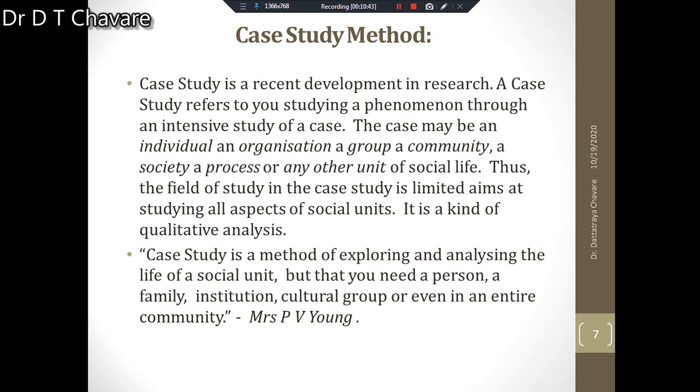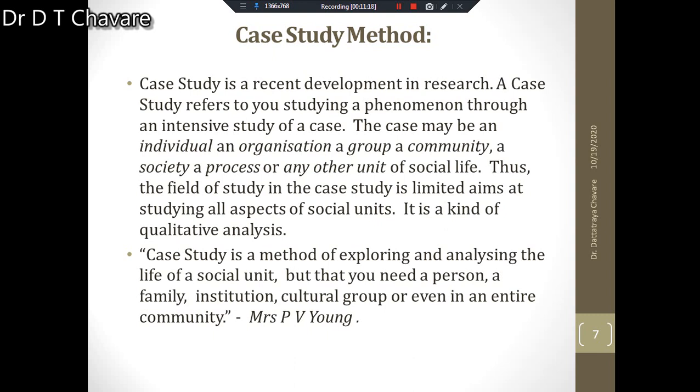There should be a certain intention, and that's why your study should be intensive, and such an intensive study you have to carry out about the particular case. Try to understand what is the exact meaning of case. The case may be an individual, an organization, a group, a company, a community, a group of communities, a society, a process, or any other unit of social life.